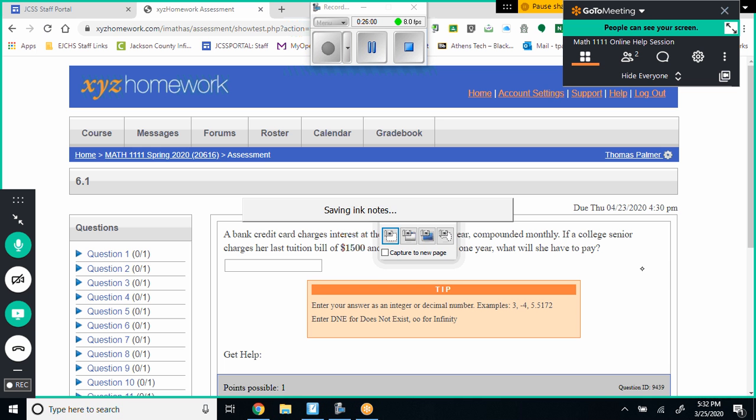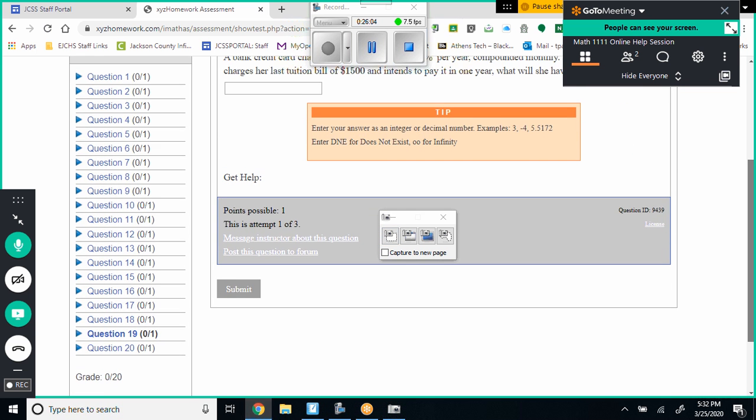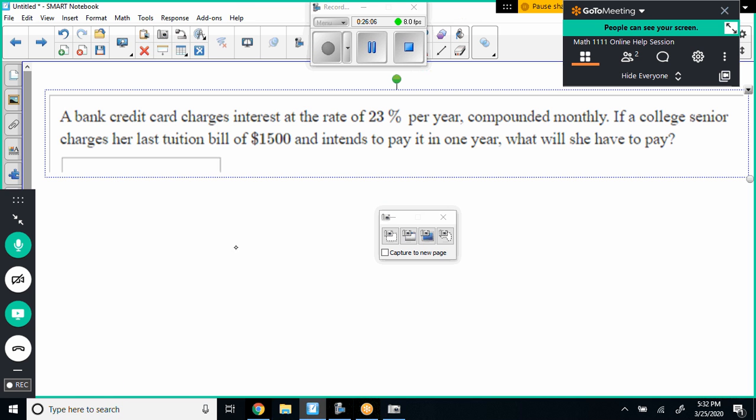So this particular one is number 19. It's not compounded continuously. It's compounded monthly, quarterly, something other than continuous. And when they do that, here's the equation.